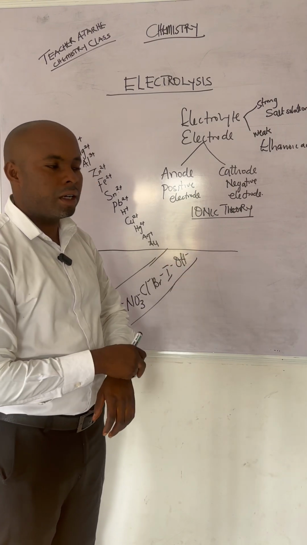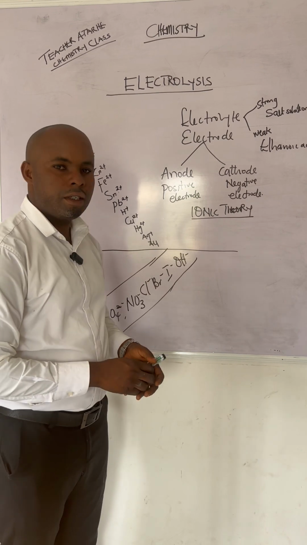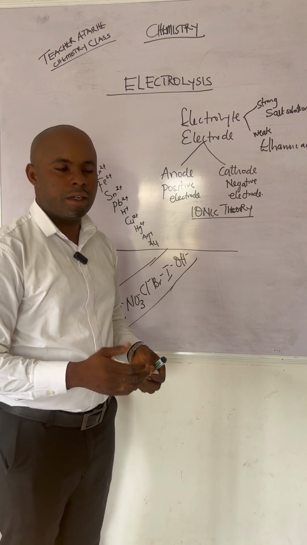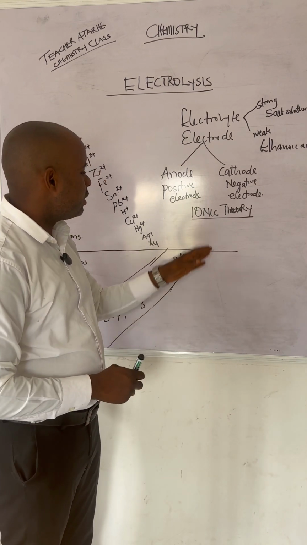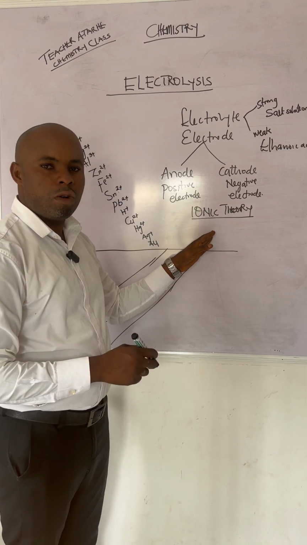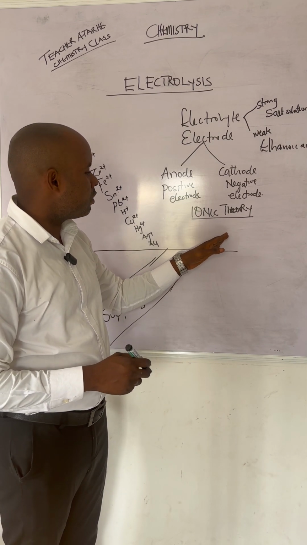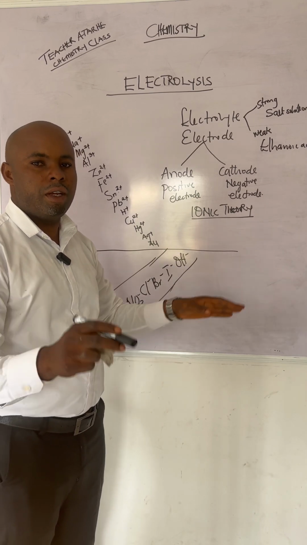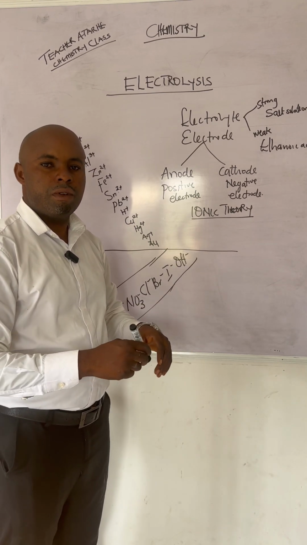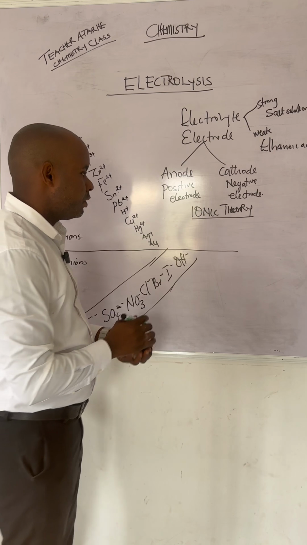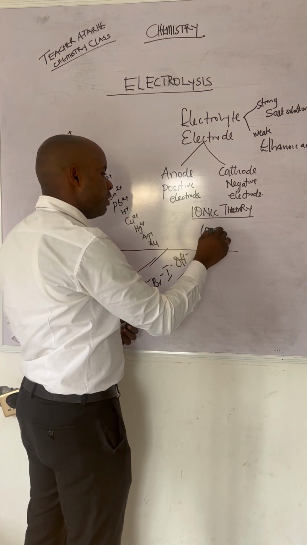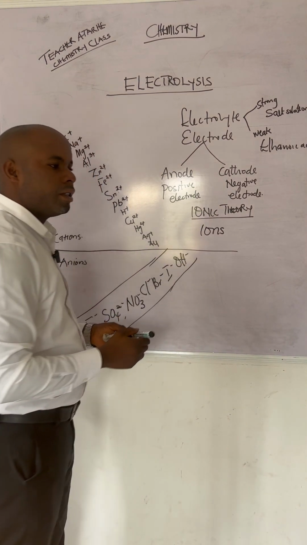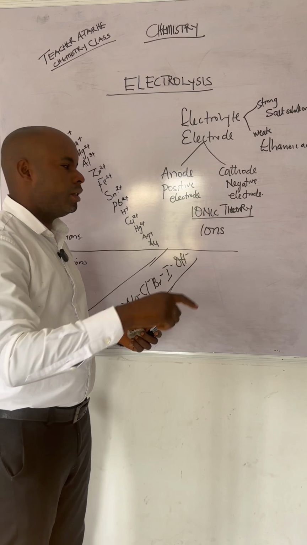Arrhenius in 1887 stated that when an electrolyte is dissolved in water, some, if not all, of the molecules of these electrolytes dissociate into free-moving particles called ions. These ions are the ones that conduct electricity because they move around the system.